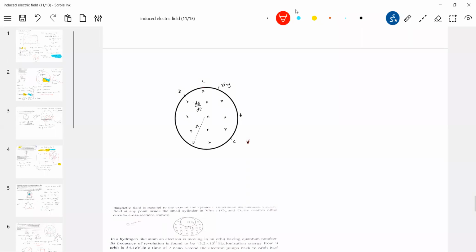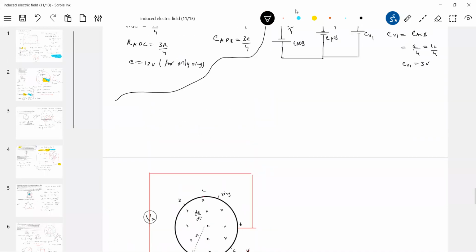The wire is connected. Voltmeter V2. Is it okay now? So the second diagram.